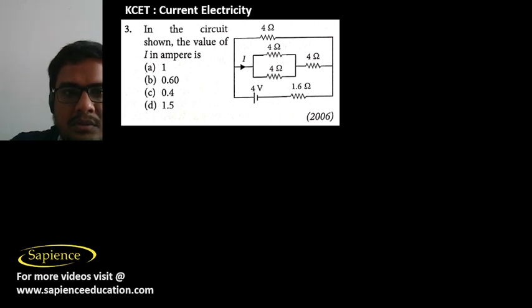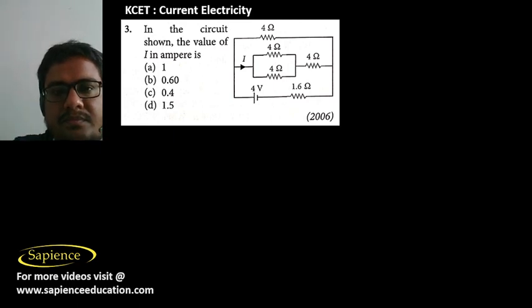Then in question number 3, it is told in the circuit shown the value of I in ampere is. Find that. Now here, this is 4 ohm and these two 4 ohm resistors are connected in parallel.